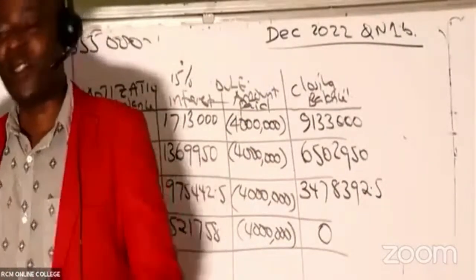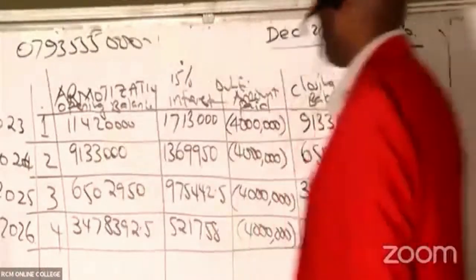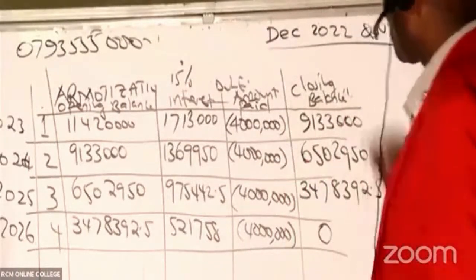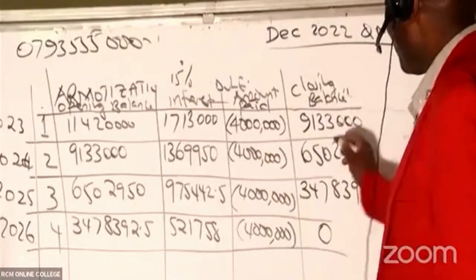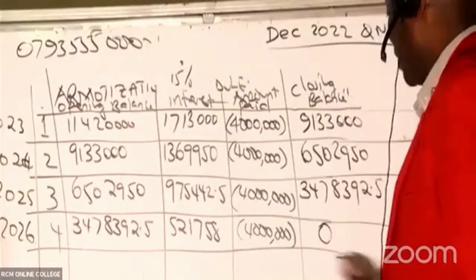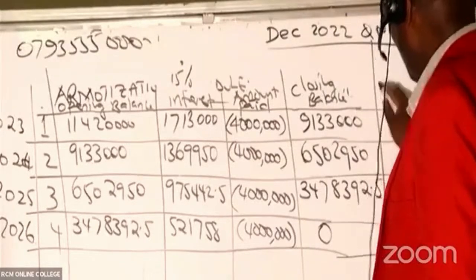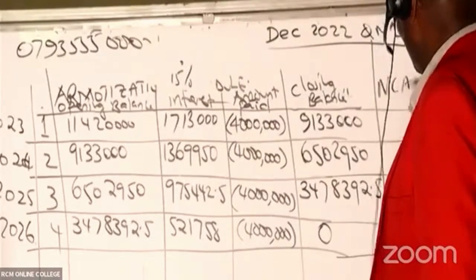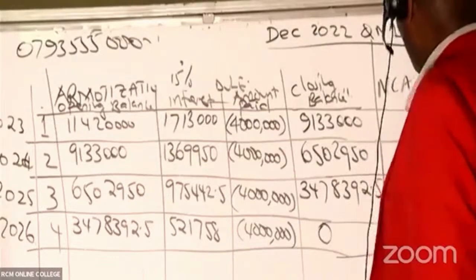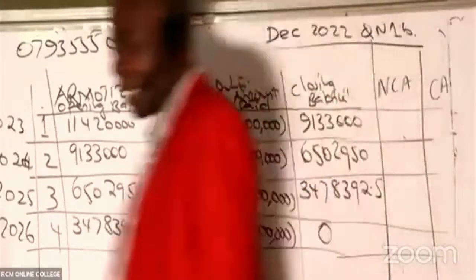Very few people in Kenya, very few accountants even in practice, will be able to do that. So this closing balance, for this gentleman, these are assets. Don't call them liabilities. Now the shoe is on the other side. So we have non-current assets versus current assets. Please write yours in full.